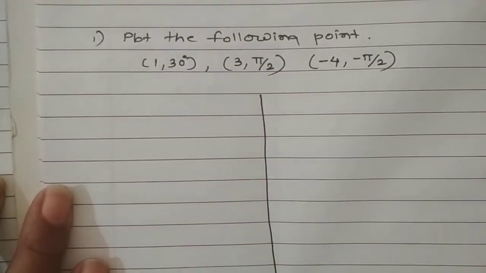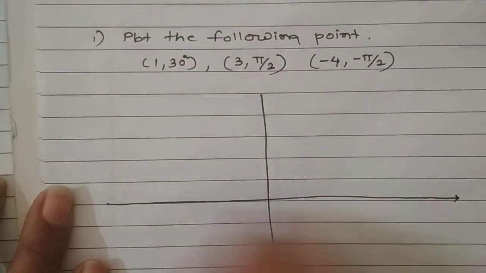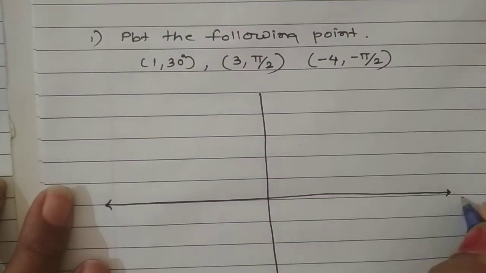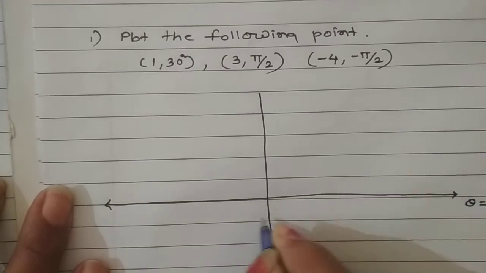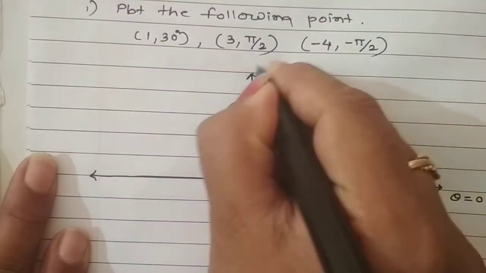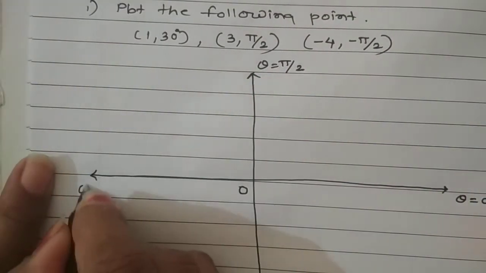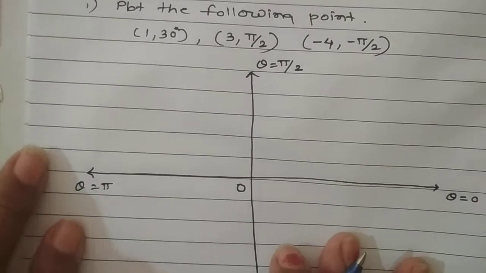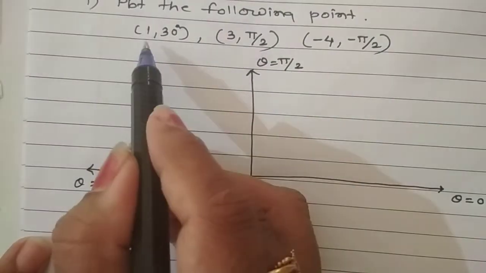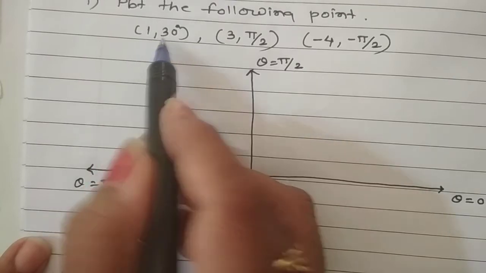First, we draw the initial line, theta equal to 0. This is the pole O. This is the line theta equal to pi by 2. This is theta equal to pi. The first point is (1, 30 degrees).